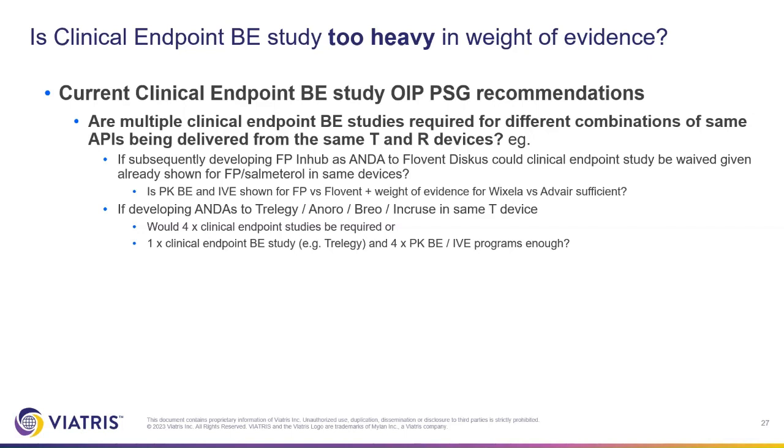And the same is true, obviously, thinking ahead to the time of developing generics towards Trelegy and Anoro, Breo, Incruse, all being within the Ellipta device. Would you have to do 4 clinical endpoint bioequivalence studies for each of those different products? Or would one covering the triple combo be enough, and then pharmacokinetic bioequivalence for all strengths for the other products?